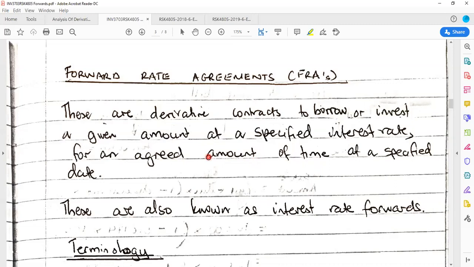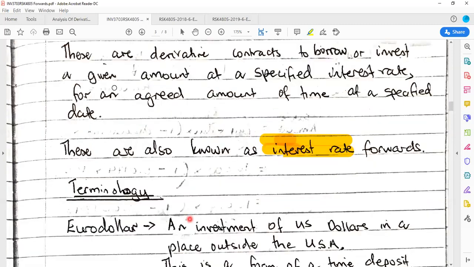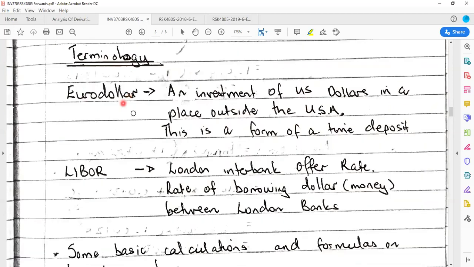So whether you're borrowing and you want to guarantee your interest rate, or whether you are investing and you want to guarantee your interest rate, you can enter into a forward rate agreement, an FRA. It's just an interest rate forward. It's like you're buying an interest rate or you're selling an interest rate and you are fixing the price today, okay? So there's some important terminology you need to know before we start looking at calculations.